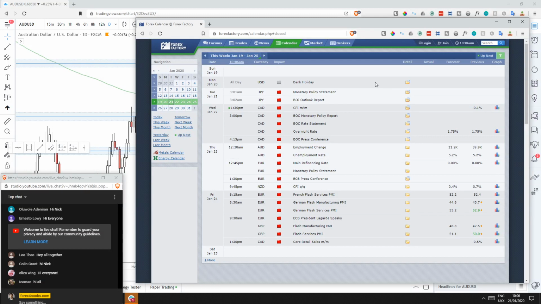And today's news is pretty much just Canadian news until tomorrow, which is this news report, 12:30 a.m. That's still 14 hours away. A daily chart trade generally doesn't wrap up in 14 hours.